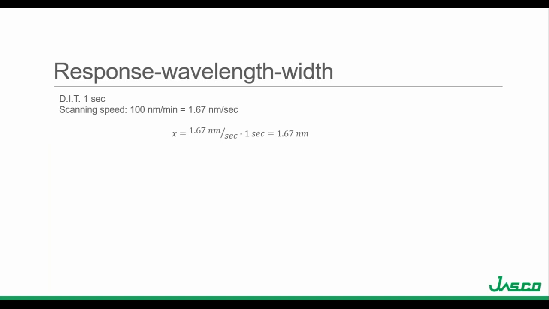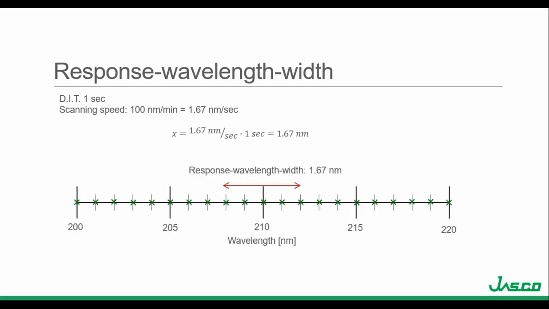For example, if the DIT is 1 second and the scanning speed is 10 nanometers per minute, if we convert the scanning speed to nanometers per second and multiply by the DIT, we get 1.67 nanometers. This is our response wavelength width, or the width that the signal intensity is averaged over.